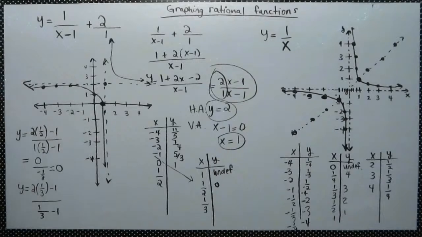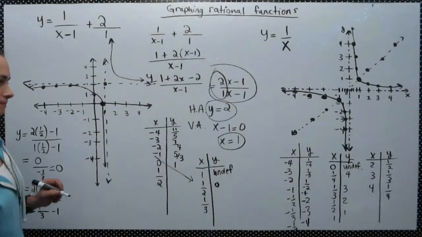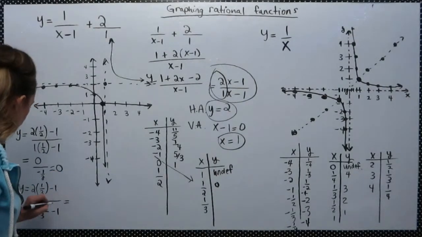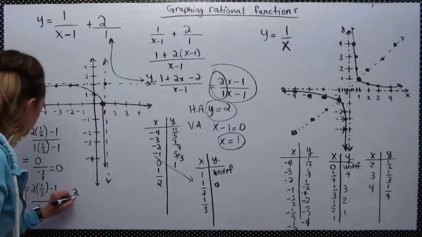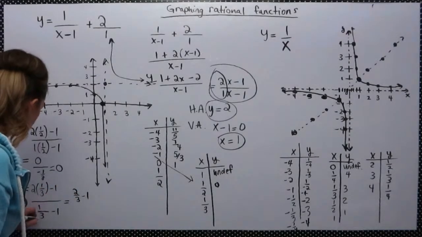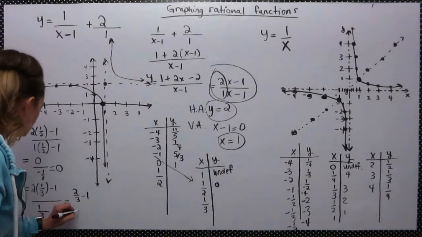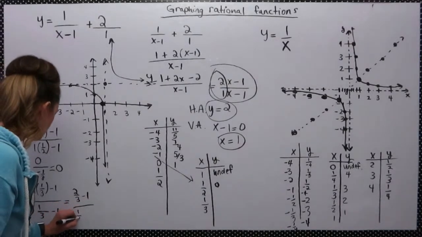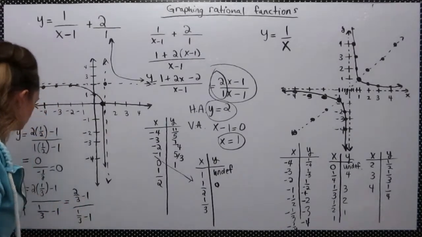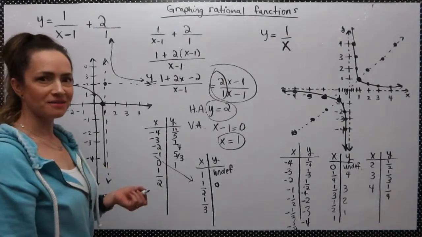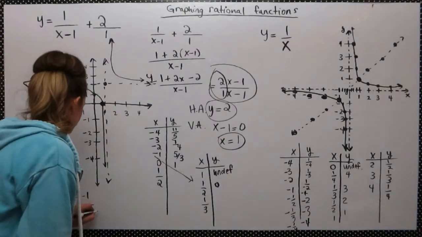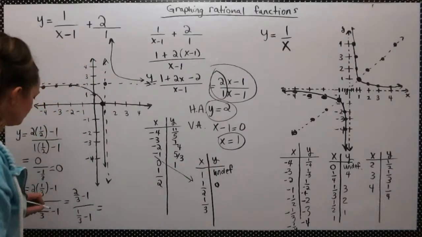Okay. Well, anyway, that was really fun. So that's going to be 2/3 minus 1 over 1/3 minus 1. It has been a while since I've done math. I'm exhausted, but that was really fun. So I appreciate the problem.